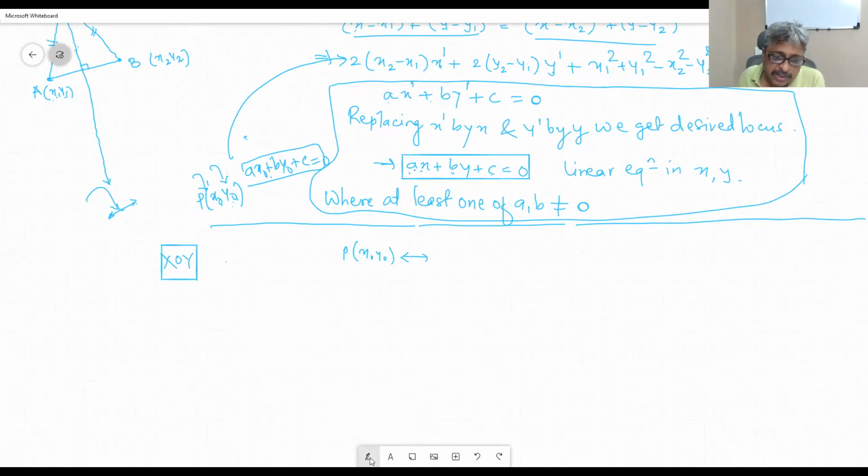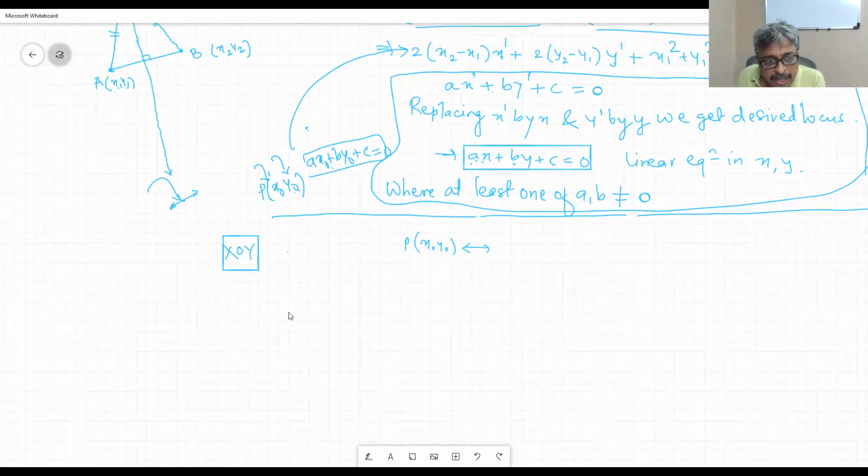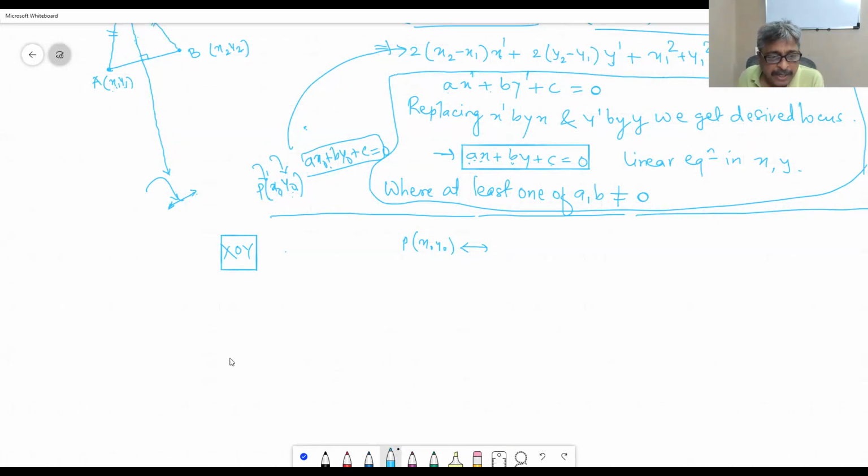For example, in simple words, suppose I have a line, geometrically this is the line in the XY plane whose equation is 3x plus 4y plus 5 is equal to 0. And if I draw it geometrically, it is this line.